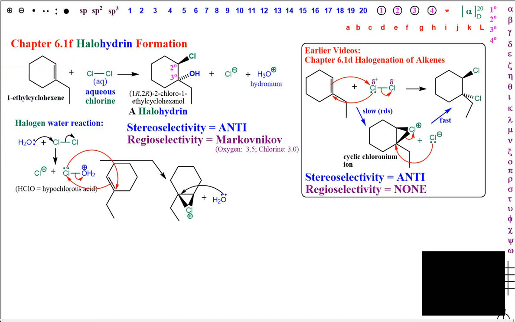And why does it attack the more substituted carbon? Because that carbon spends more time with a positive charge. And the triangle pops open. That was a backside attack. A backside attack on a bond to a wedge chlorine will be a dashed bond to oxygen. We will draw that.